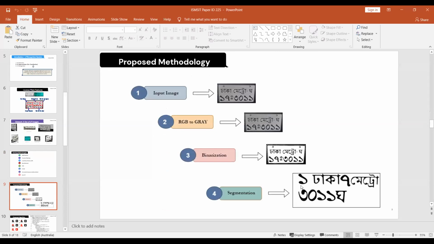So this is our proposed methodology. We take an input image, which is a 24-bit RGB image. Then we convert it to an 8-bit grayscale image. Then we convert it to a binary image using an adaptive threshold technique, which maps the image to two different values, 0 and 255, where 0 represents the black pixel and 255 represents the white pixel.